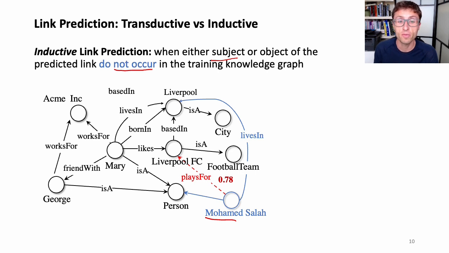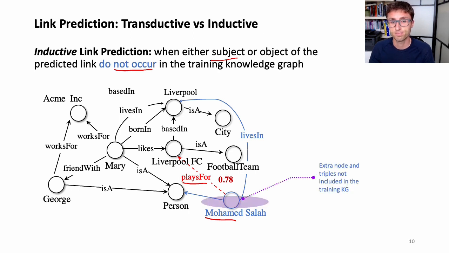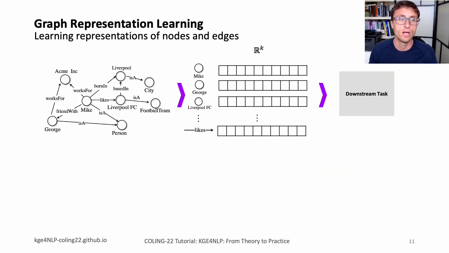So the model has never seen them, therefore it has never learned a representation for them. We'll see how that works in a couple of minutes. If this is so, the model will be unable to predict the link between Mohamed Salah and Liverpool Football Club. So keep in mind there are these two flavors of link prediction.